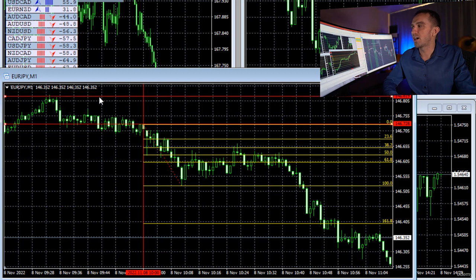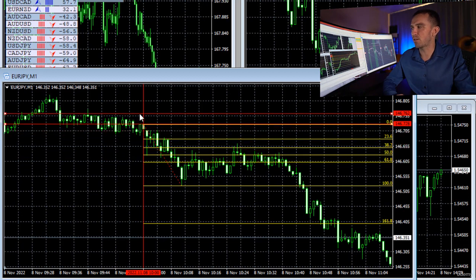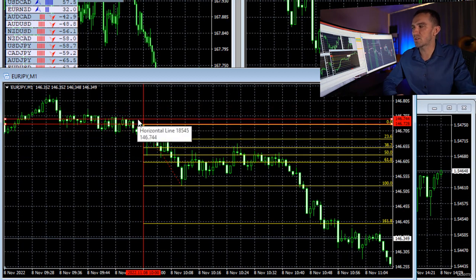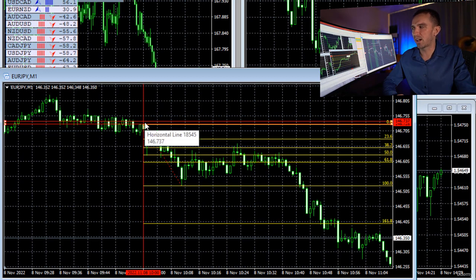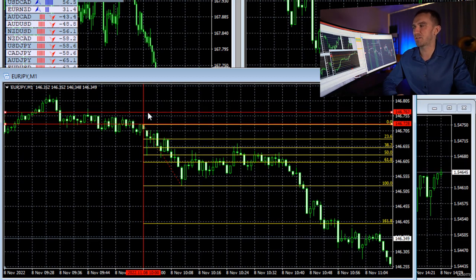This is why usually if I am selling 3 times or using these retracements, I would put the stop loss a little bit closer or even a little bit above the London opening. As I said, you will see many examples and you will see exactly how I am doing it.